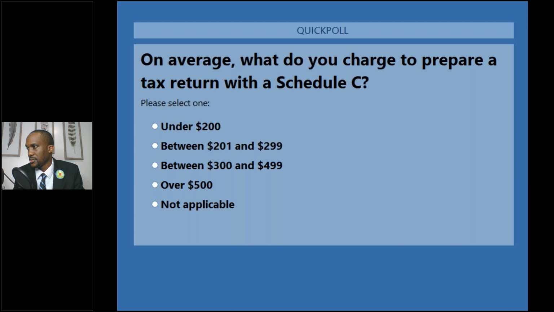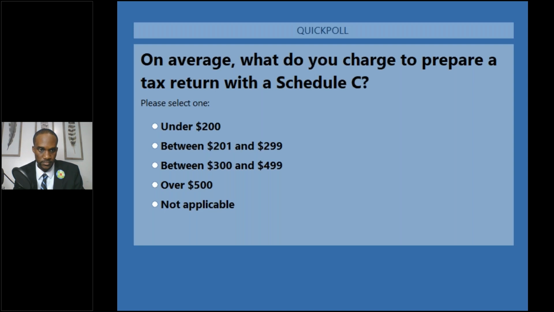This is one of those questions where it's interesting for tax professionals to see what others are charging for tax prep. Of course, the fees will differ based on your state, your city, your community, but overall, it's really interesting to see what others are charging.